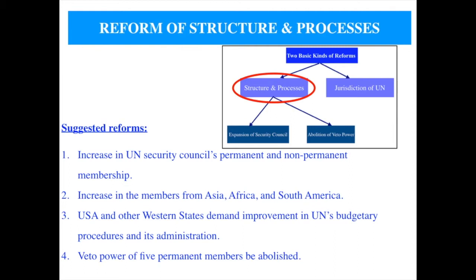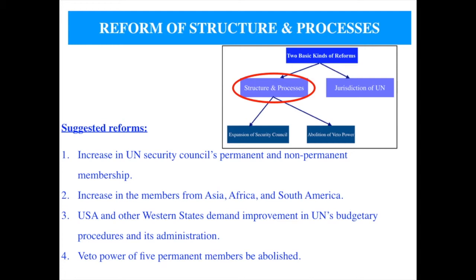So the suggested reforms for the Security Council were, number one, the demand for an increase in the Security Council's permanent and non-permanent membership, which I just said. And the second is the demand to increase members from Asia, Africa and South America, because they believe these were underrepresented.